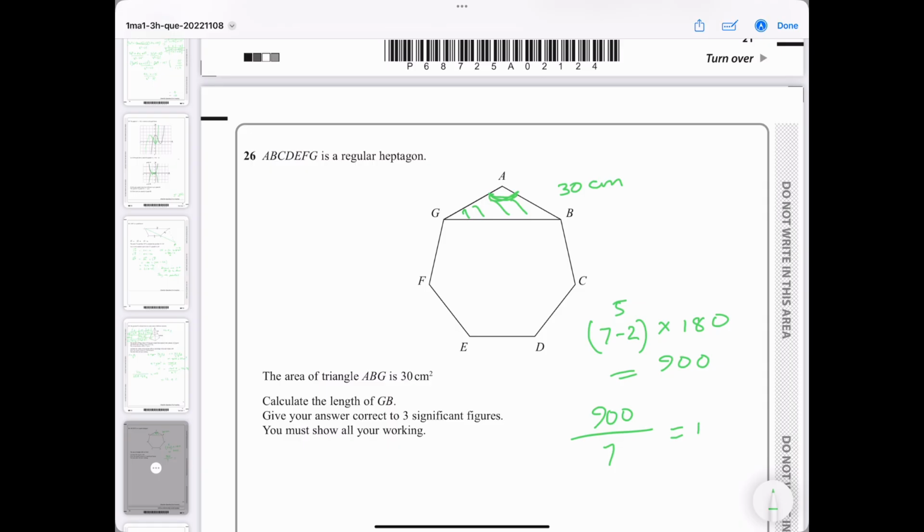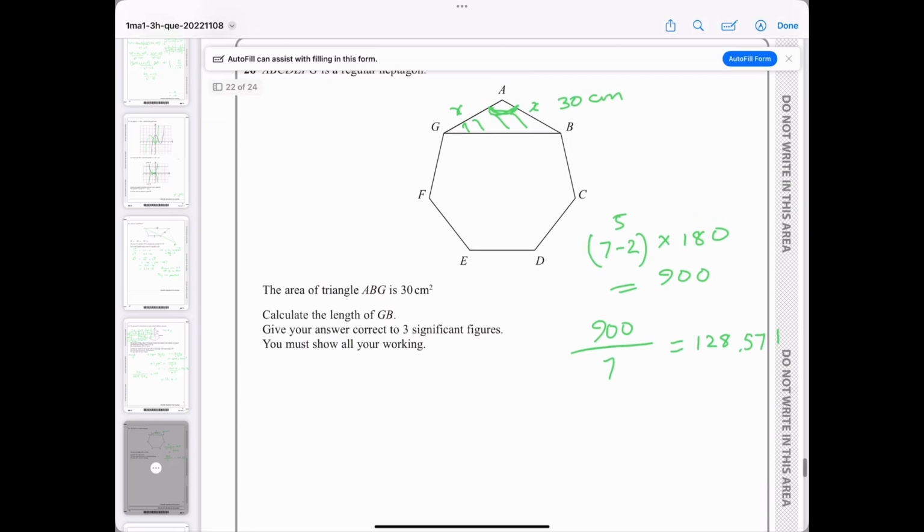Okay, so it's 128.571, etc. And we don't know what these are, but we do know that the whole thing's 30.